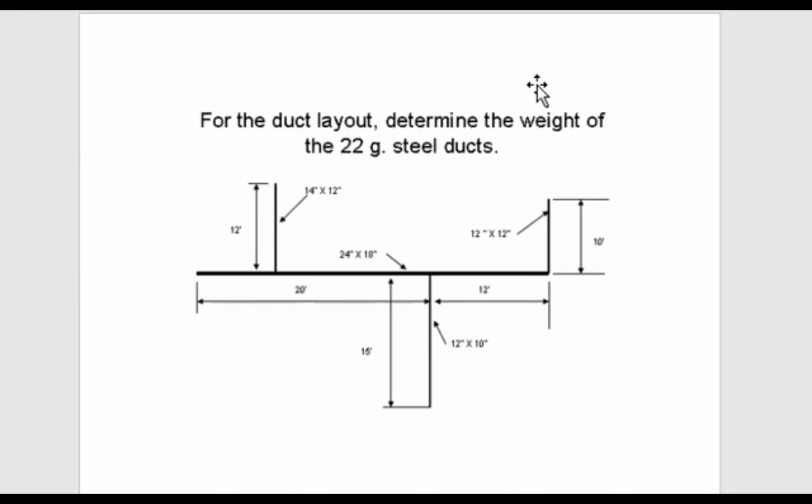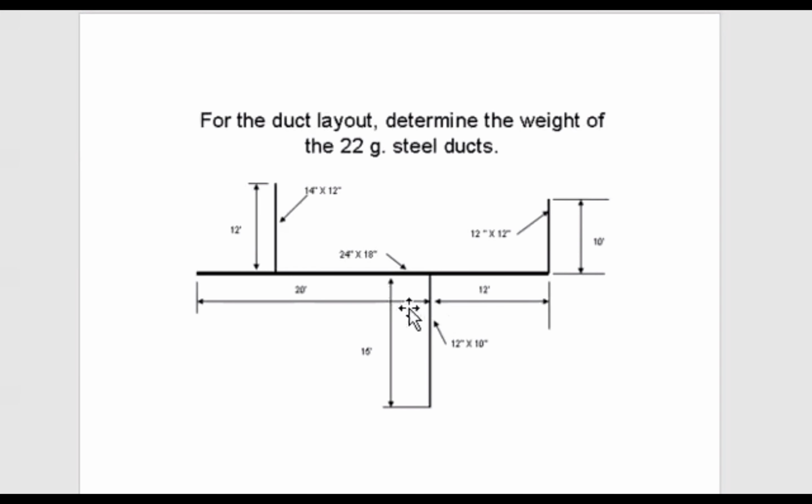So here we have an example in the homework, and this is basically a trial problem that we'll go through. You can see here there's different duct sizes. It gives you a square duct here, 12 by 12, and 10-foot run.